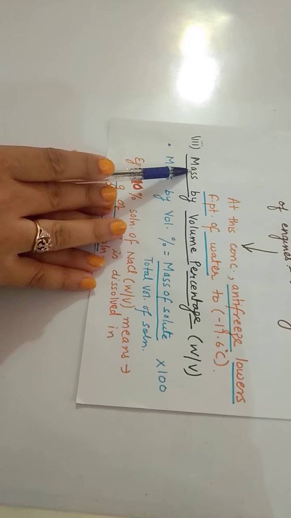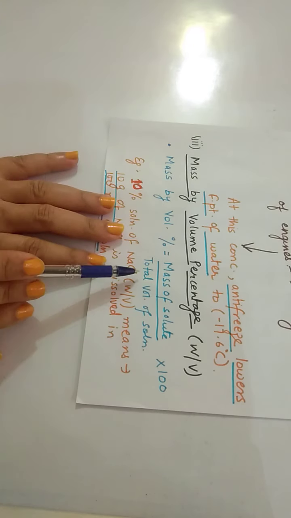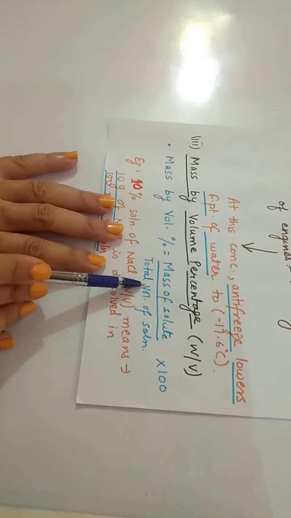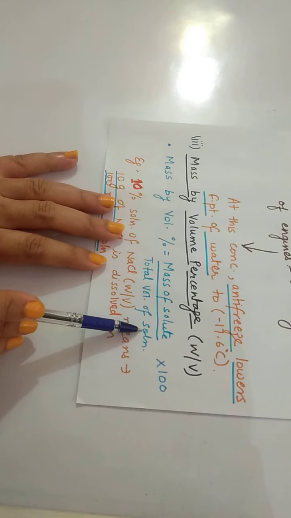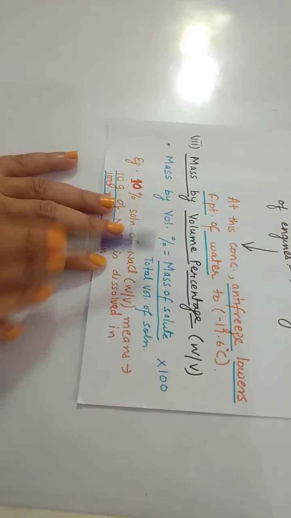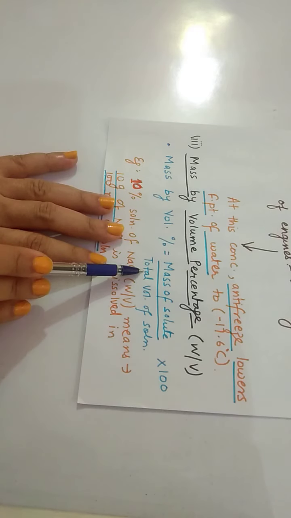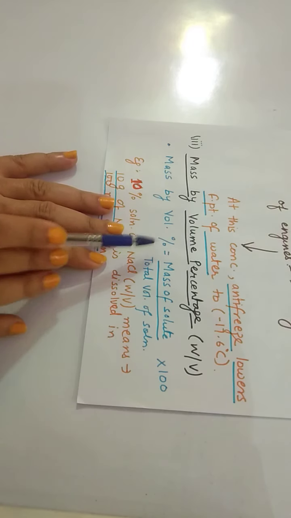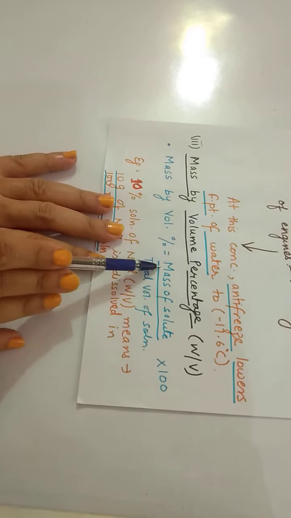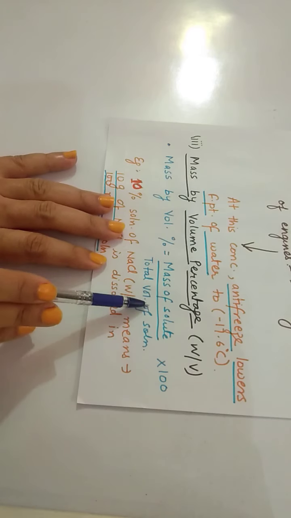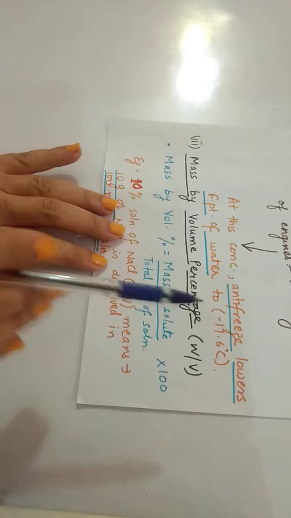So it is mass of solute divided by total volume of solution. In the lower part it will always be the total volume or mass of solution. Here it is volume, so total volume of solution. So mass by volume percentage is equal to mass of solute upon total volume of solution into 100.